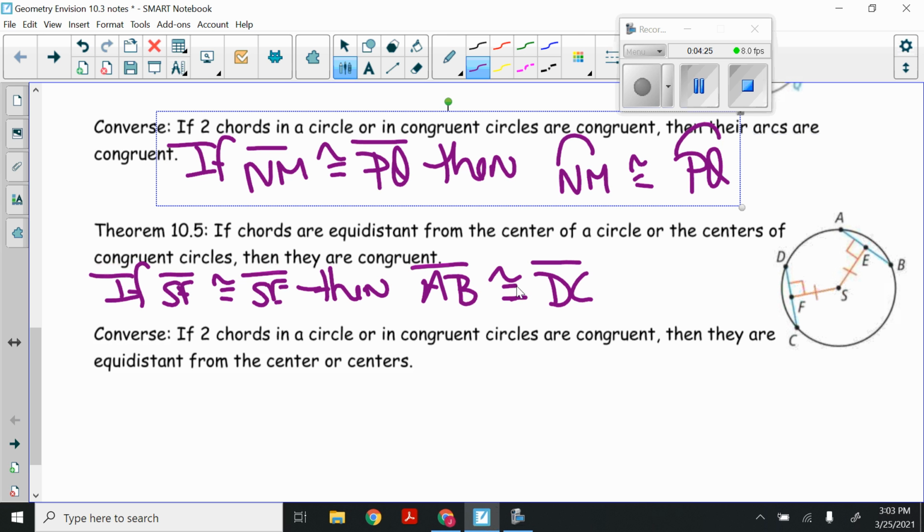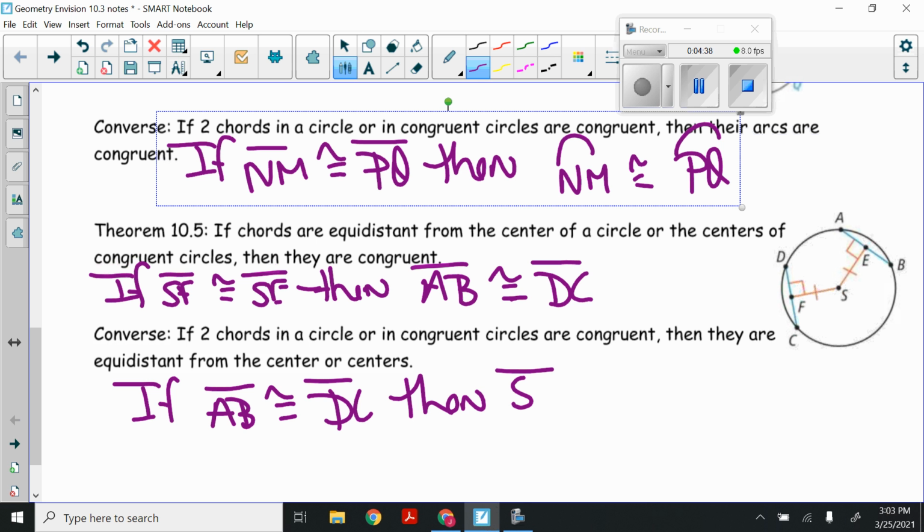Then the converse of that is also true. So if they started out telling me that AB was congruent to DC, then I would know that SF was congruent to SE, that they were the same distance apart from the center.